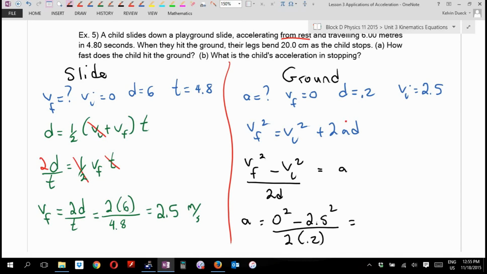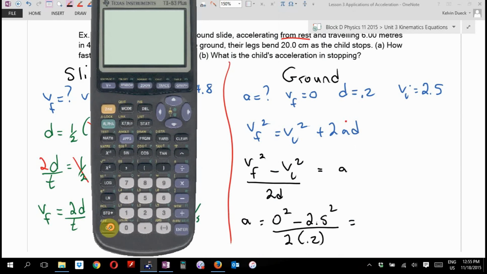It's going to be 31.2. 1.5625? Or am I totally off? I might be totally off. Brackets around the top, brackets around the bottom, yeah. Oh, no, I was off, not 1.5625, negative 15.625.